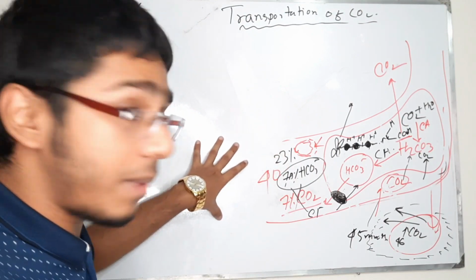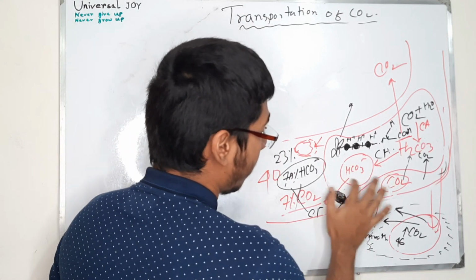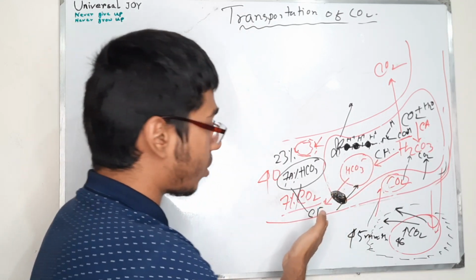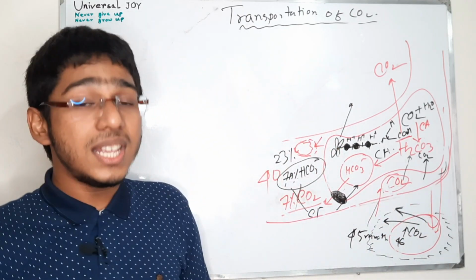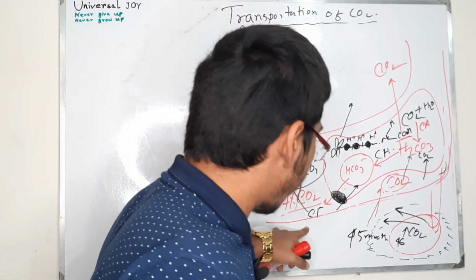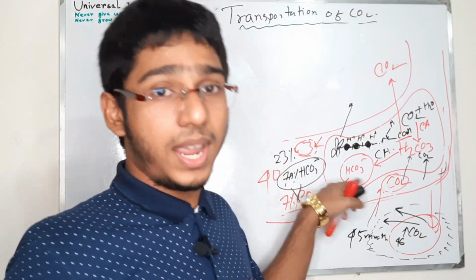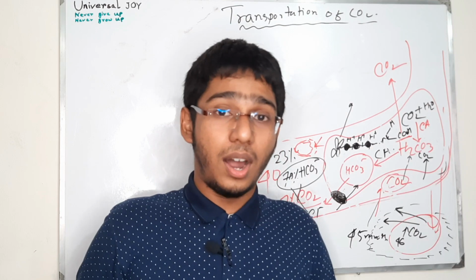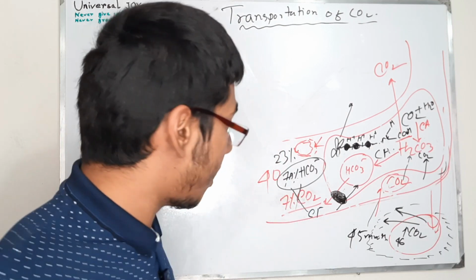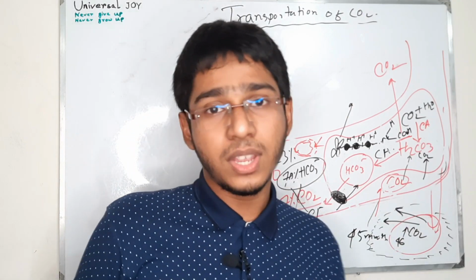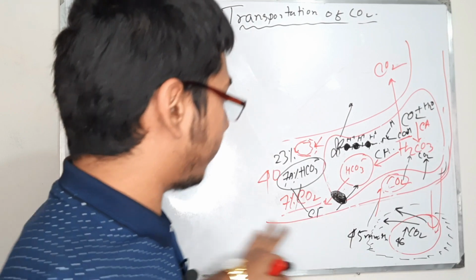You have to keep all these phenomena in mind, and as you have already seen, the bicarbonate ion is taken out in exchange for the intake of the chloride ion into the RBC. This exchange between chloride and bicarbonate across the RBC in the blood vessel is known as the Hamburger phenomenon, also known as the chloride shift mechanism, which takes place in the peripheral tissue.